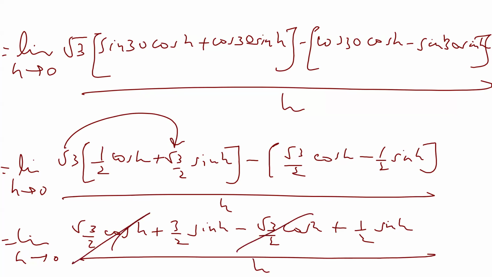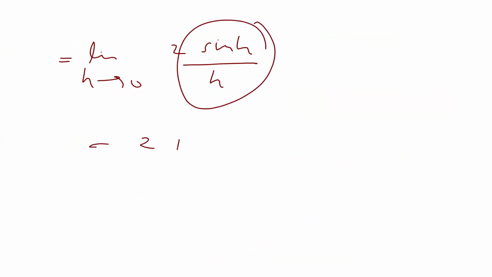So this and this term is gone. 3 by 2 sin h plus half sin h is equal to 2 sin h. So limit h approaching 0, 2 sin h upon h. Sin h upon h is 1. So this is equal to 2.